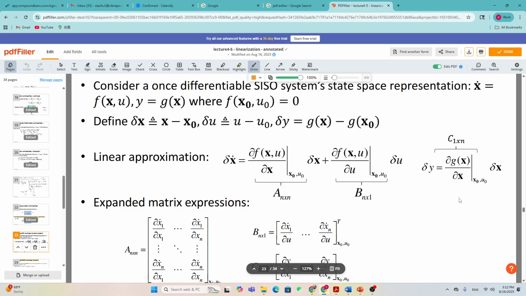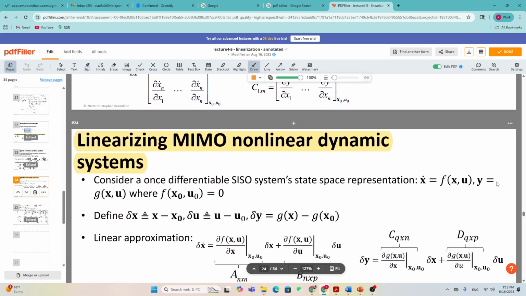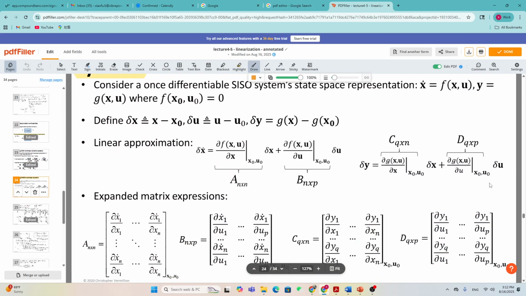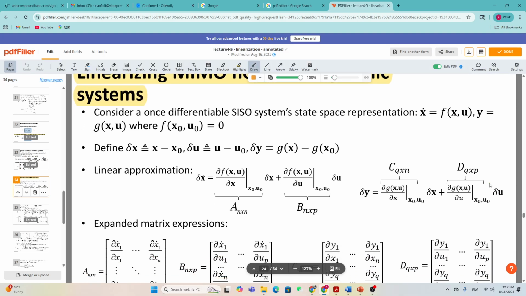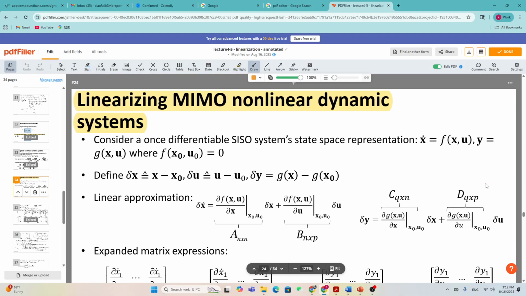If you have a single output, your C matrix will be 1 by n, times your n by 1 state variable, so you have a single output. Let's take a look at a more interesting example instead of only looking at the mathematical concept.